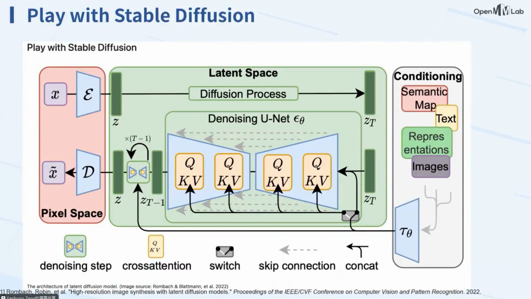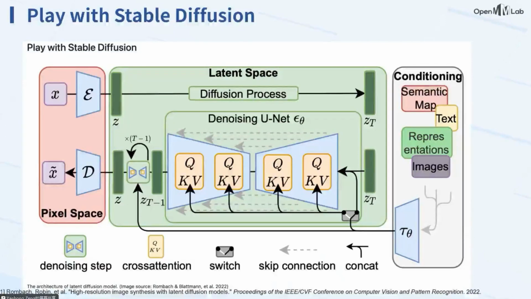And here is an overview of the latent diffusion model. So let me first briefly introduce Stable Diffusion. Stable Diffusion is a latent diffusion model that enables people to generate any images they want by text prompt. There are 3 core components. First, the pink region denotes the pixel space.